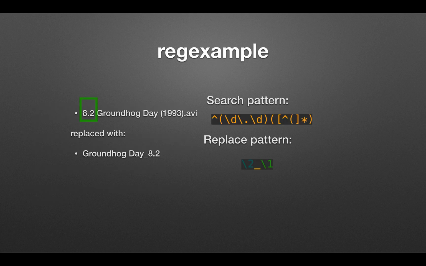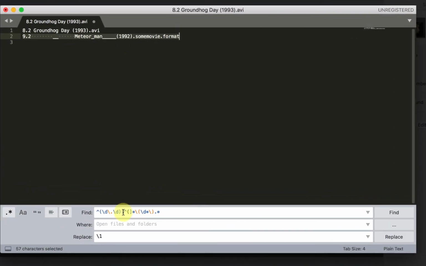And so if we really wanted to flip these around, let's just do that. If we've got these all captured, we'll add in our parentheses to capture these things, the dates and the file extension. What we wanted to do is move the IMDb rating, which is going to be \1, to the end.